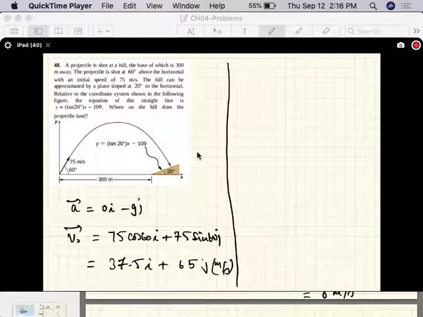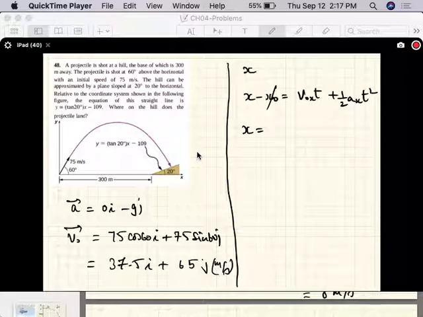So we want this coordinate. Let's do the x coordinate first. x minus x naught equals v naught x t plus 1/2 a x t squared. That is 0. x is v naught x, 37.5 t. Okay, that's equation 1.